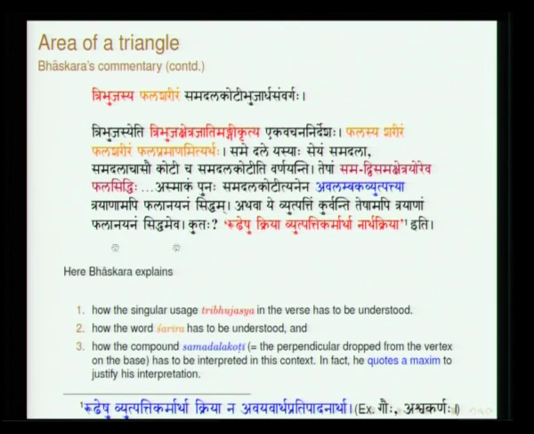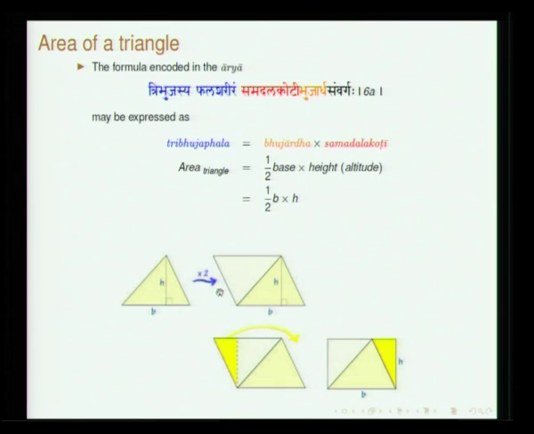Here, he categorically states avalambaka vyutpattya trayanamapi phalanayanam siddham, and therefore, this derivation should not be taken in the literal sense here. So, samadala koti should be simply understood as the perpendicular that is dropped onto the base from the vertex. Okay. So, this is what the Aryabhata sutra means.